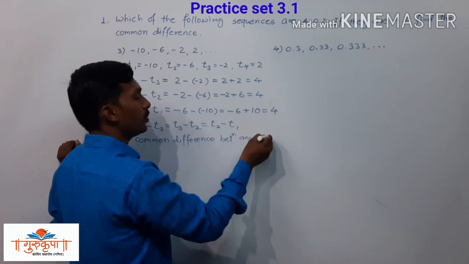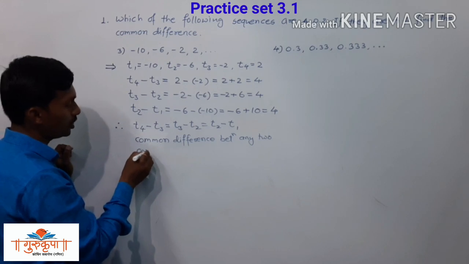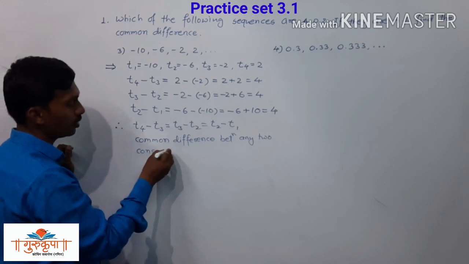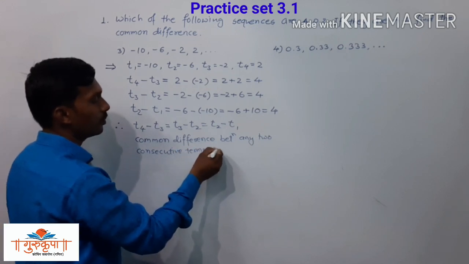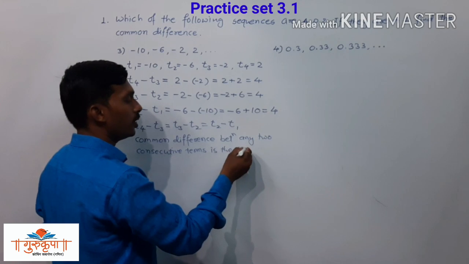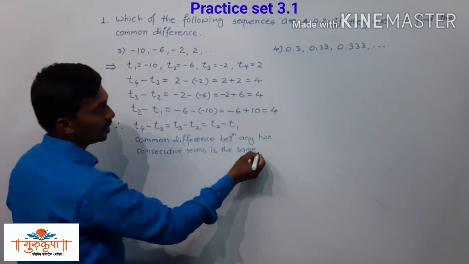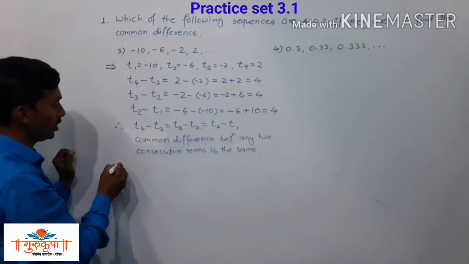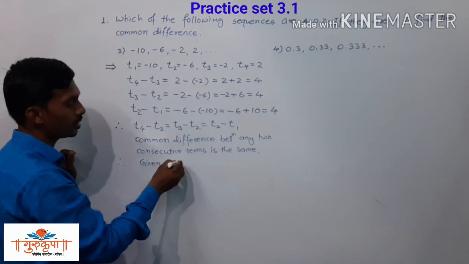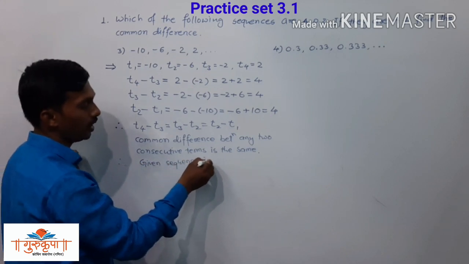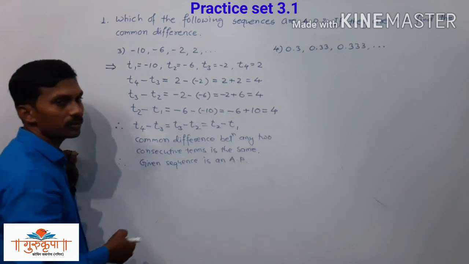Therefore, the given sequence is an AP, that is arithmetic progression.